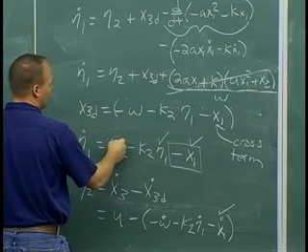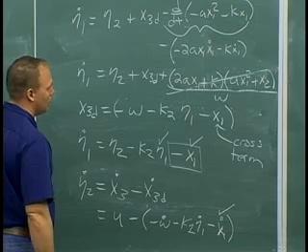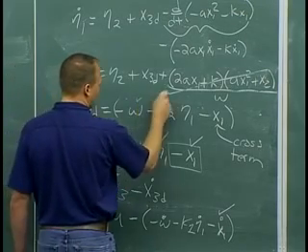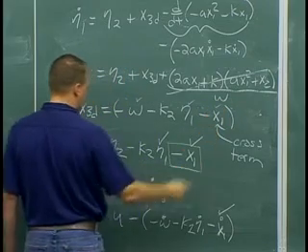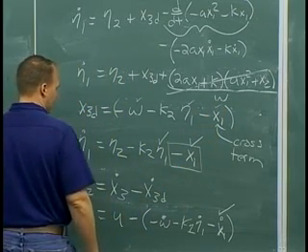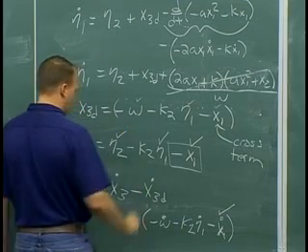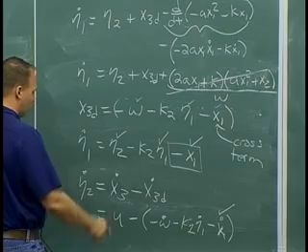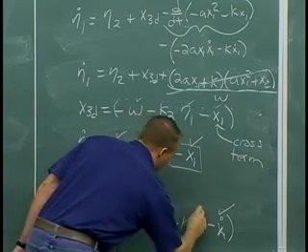A to 2 was equal to x3 minus x3d. Well, of course, everything in x3d is measurable because it has to be since we design it. And x3 is known, so a to 2 is known and measurable. So a to 1 dot's going to be okay.